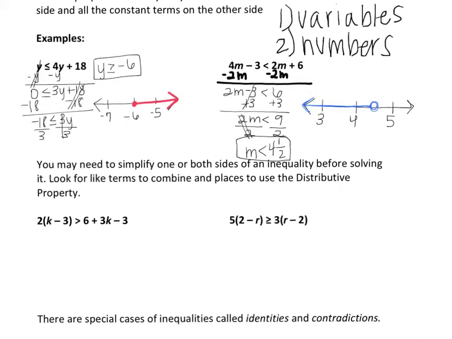So I want you to write that again. Number 1, simplify. Number 2, solve. So what I mean by that is look at the left and right sides of the inequality sign and always simplify before you start to solve.